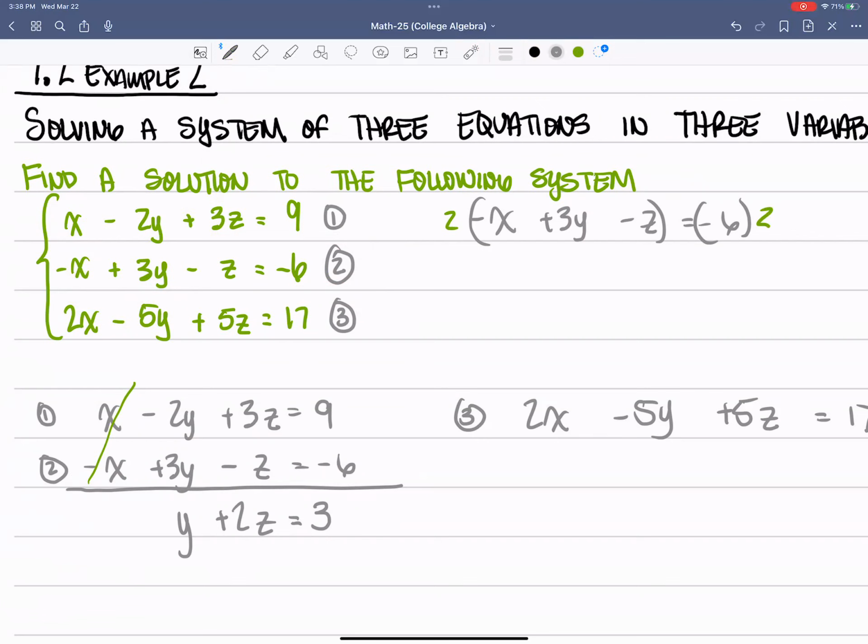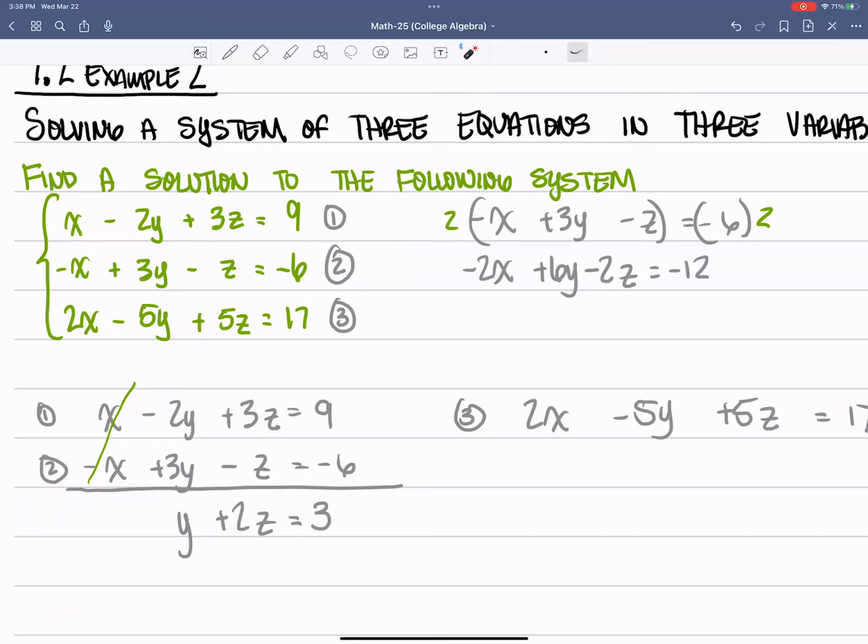So 2 times negative x, we have negative 2x. 2 times 3, positive 6y. 2 times negative 1, negative 2z. Negative 6 times 2 is going to be a negative 12.